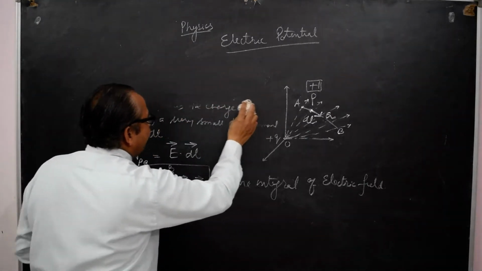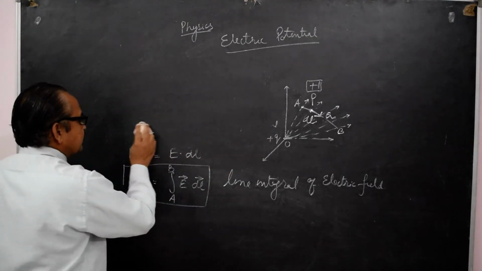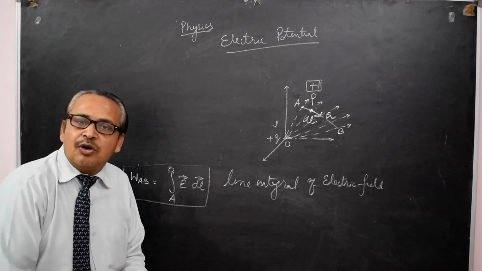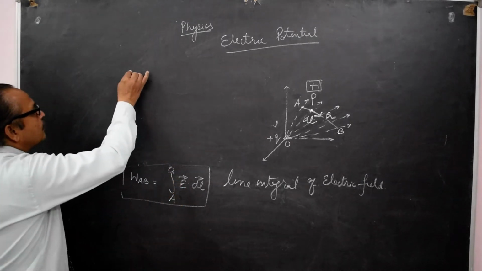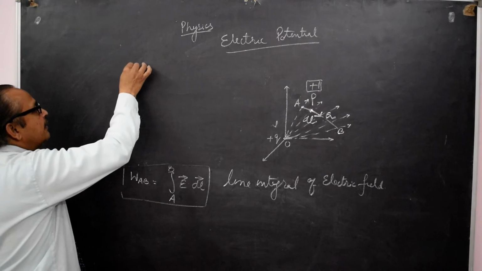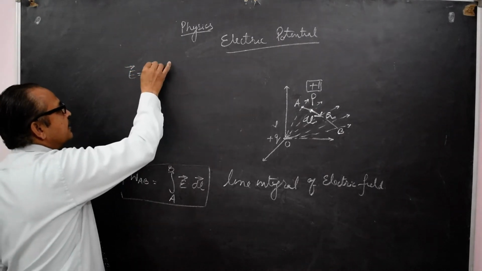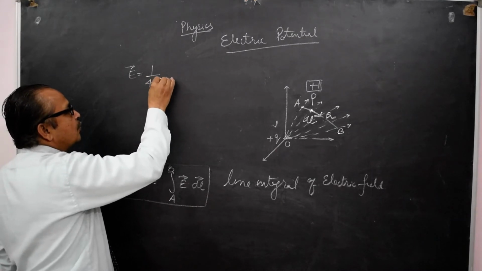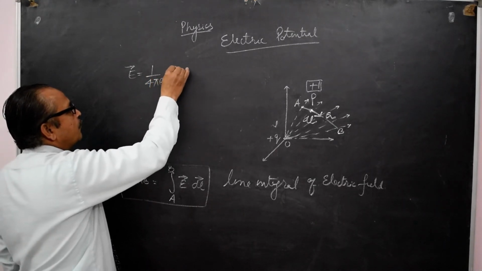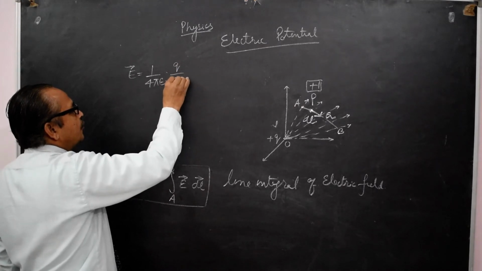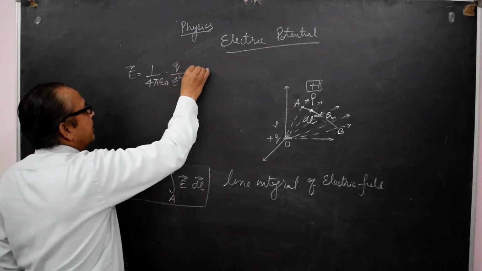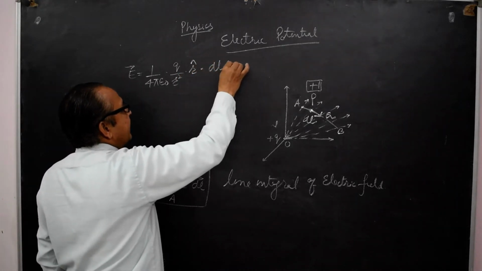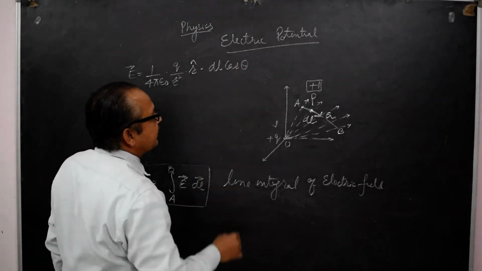Now we have to find what is the value of E. Now you can easily remember from your previous lecture that the force between the two charges will be equal to 1 over 4 pi epsilon naught Q by R square into unit vector R into dl cos of theta.